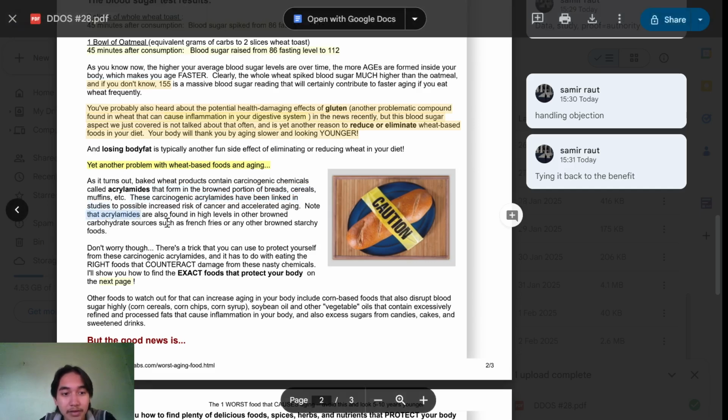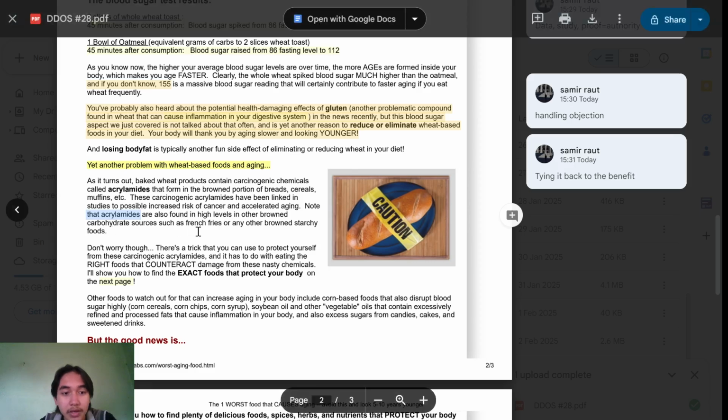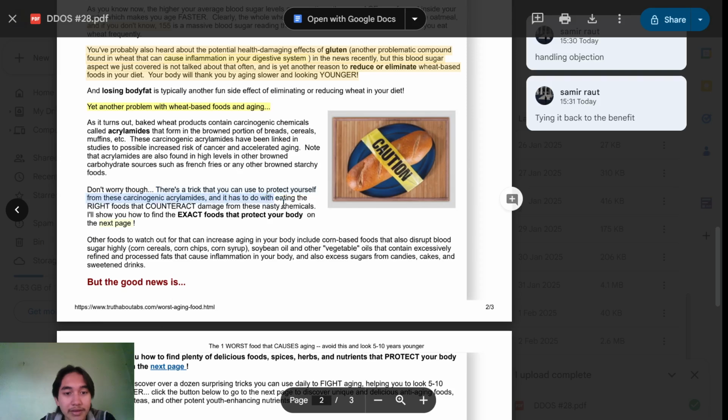Note that acrylamides are also found in high levels in other brown carbohydrate sources such as French fries or any other brown starchy foods. Don't worry though, there's a trick that you can use to protect yourself from this carcinogen, and it has to do with the right foods that counteract damage from these nasty chemicals. I'll show you how to find the exact foods that protect your body on the next page.